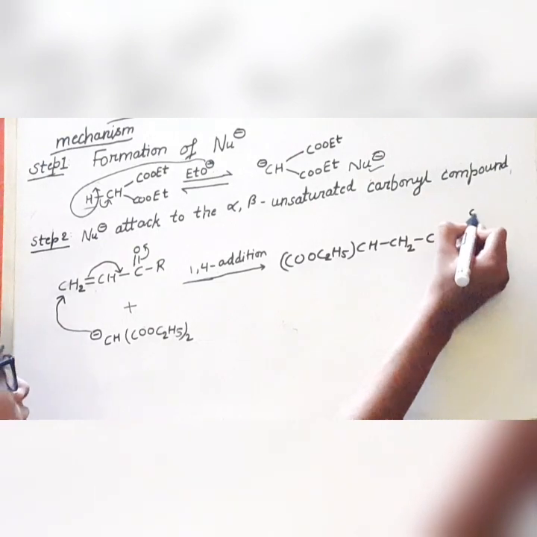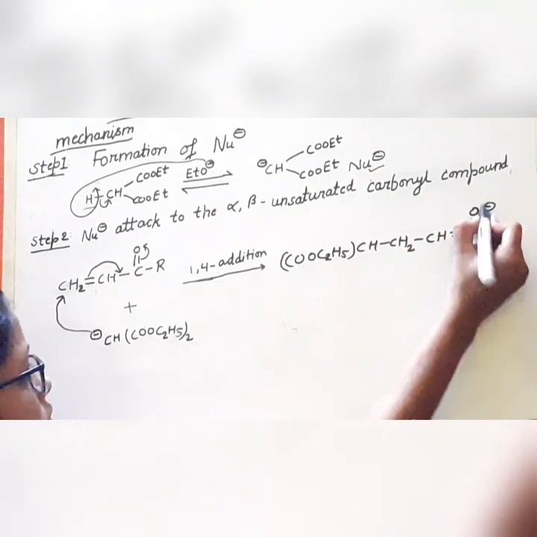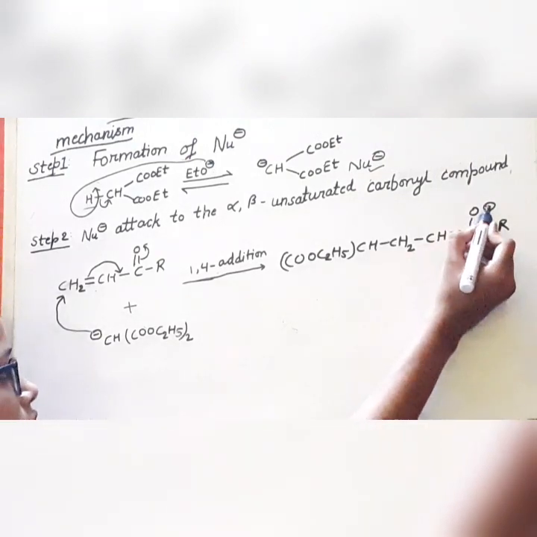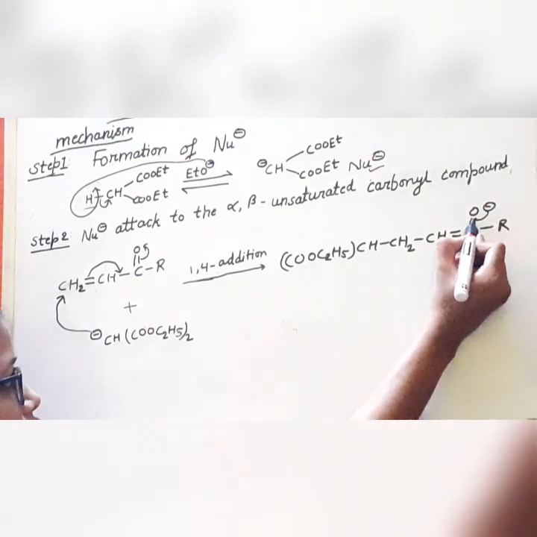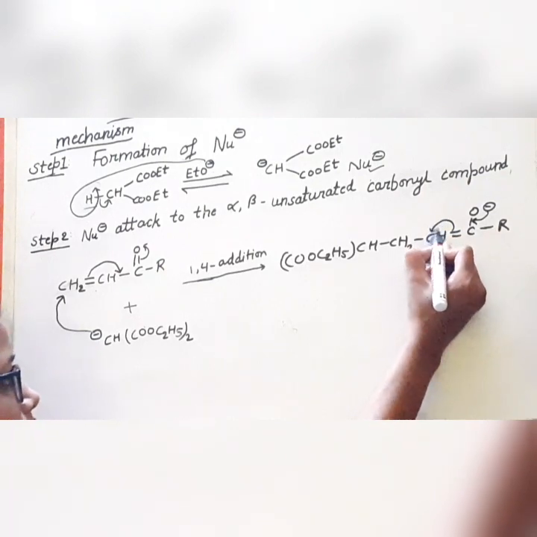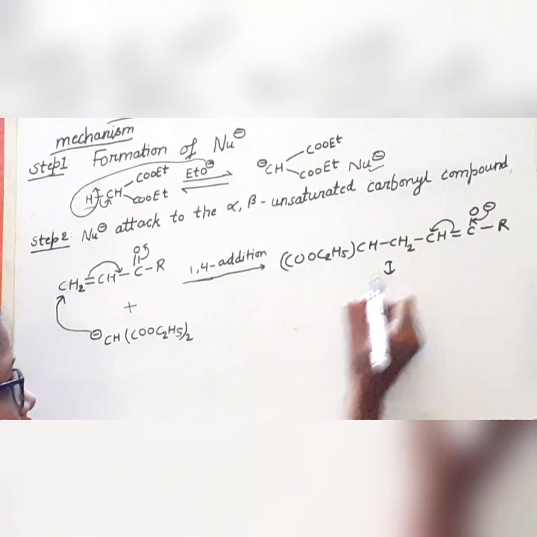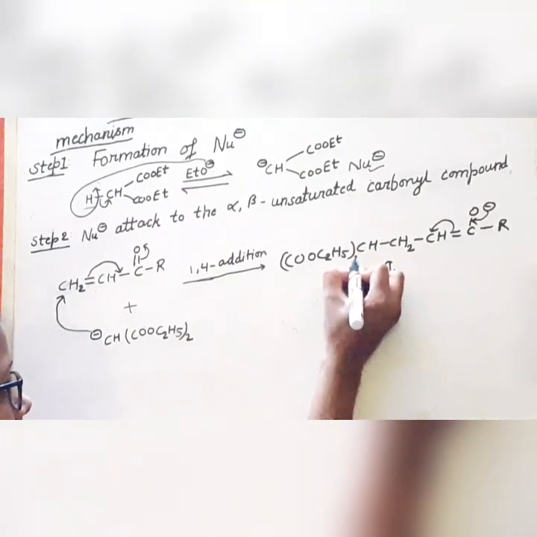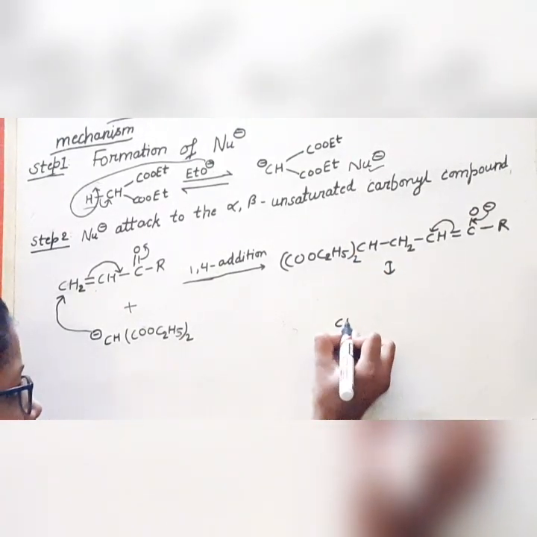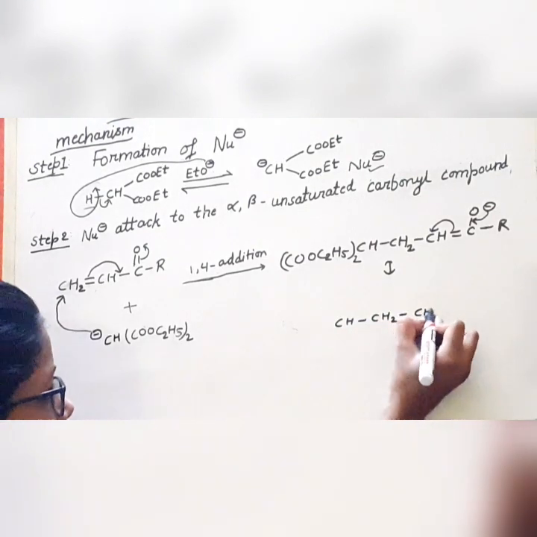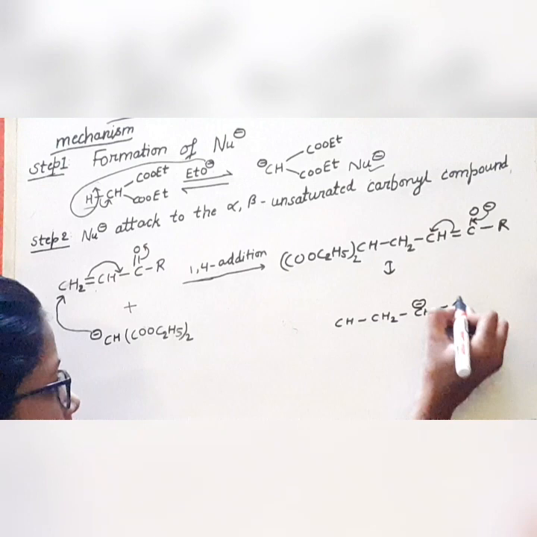The negative charge will go here, and this double bond will shift to carbon, and we get the negative charge on the carbon. So in this way, we get the negative charge at the carbon position.